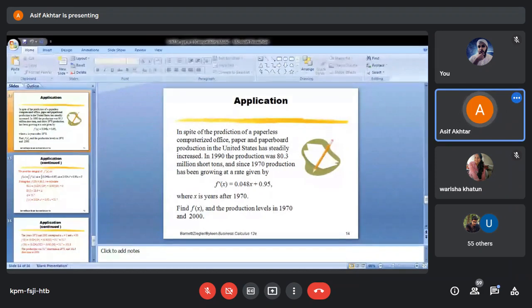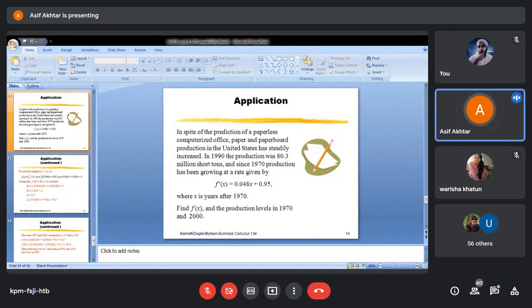So primarily, this is the marginal production function which is given to us. So marginal production function is given by the first derivative f dash x, which is 0.048x plus 0.95. So from marginal production, what do we actually want? We want the actual production. हमें क्या चाहिए? Marginal से actual function चाहिए, f x चाहिए. So we want from f dash x, we want f x.